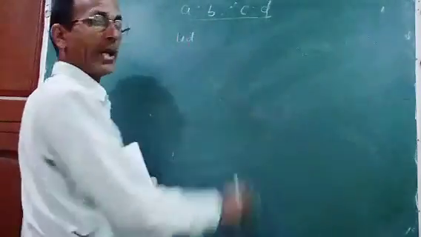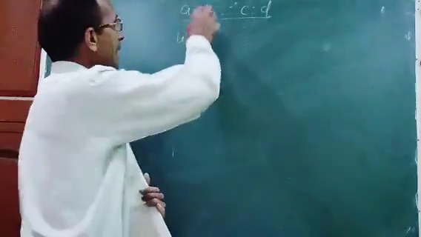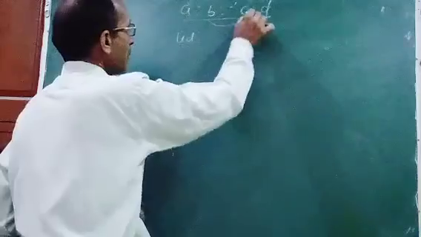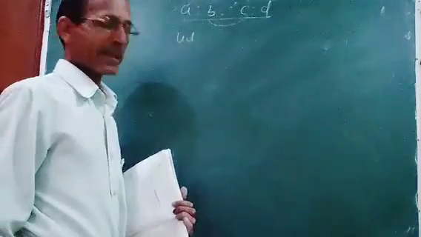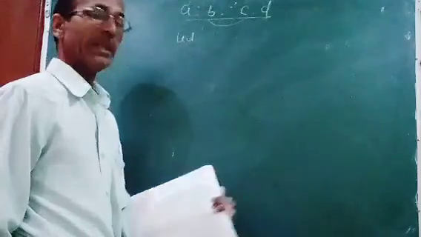Keep this in mind to solve questions related to proportions. After getting the four terms, the product of extremes will be equal to the product of means. In this part, the first, second and fourth terms are given, and the third is not.